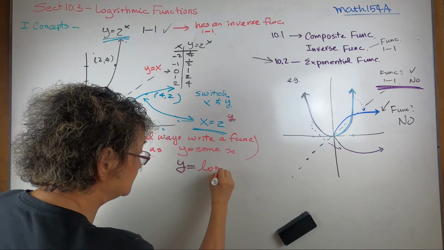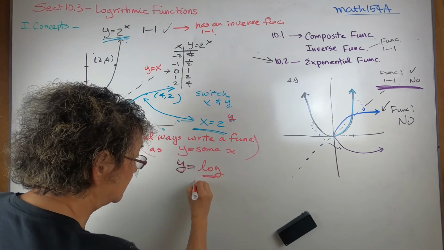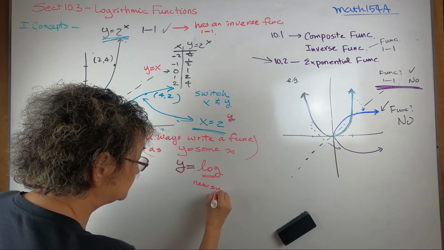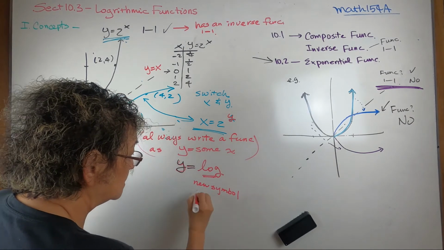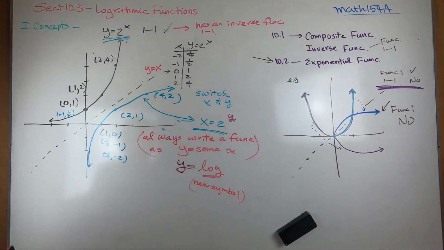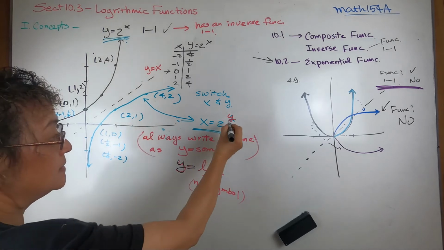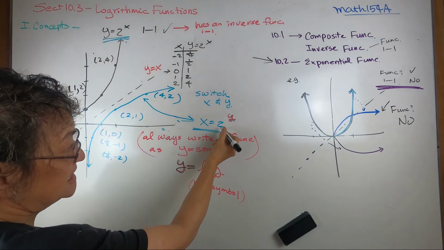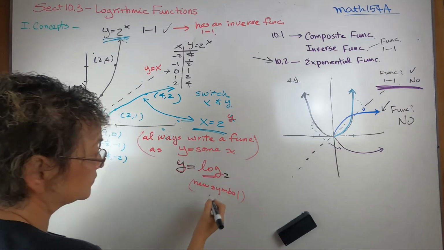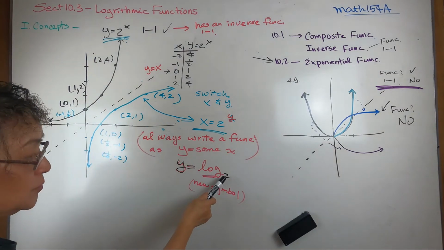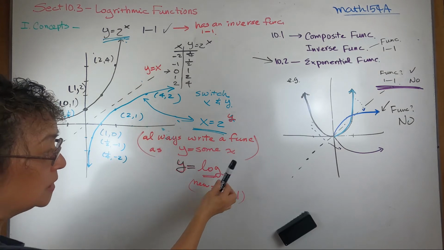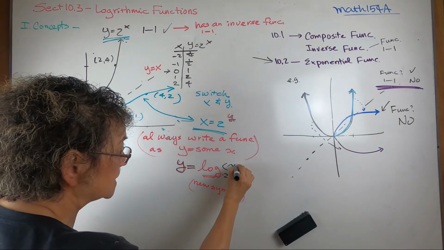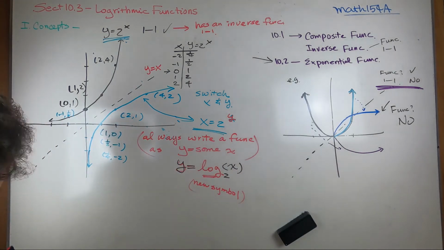That's a new symbol, okay? New symbol. And say, okay, my y would be what? With the base is 2, okay? If I do base is 2, my result is x. That's my y.